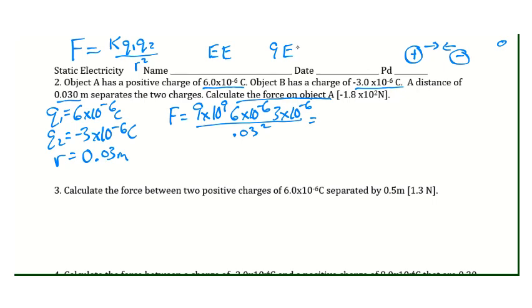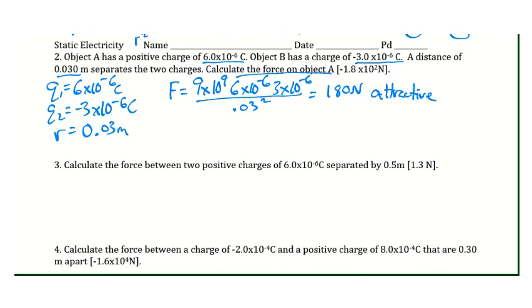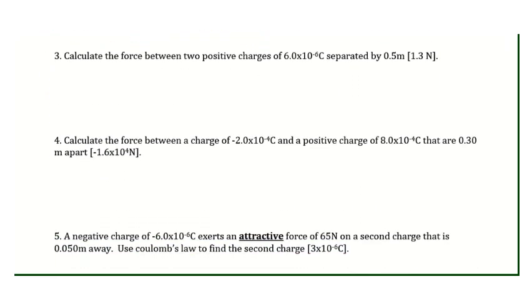So 9 times 10 to the 9, the exponent is 9. And so when you go ahead and plug that in, you should get 180 newtons in your calculator. And that is going to be an attractive force because we had opposite charges, one positive, one negative, and we'll leave that there for now.